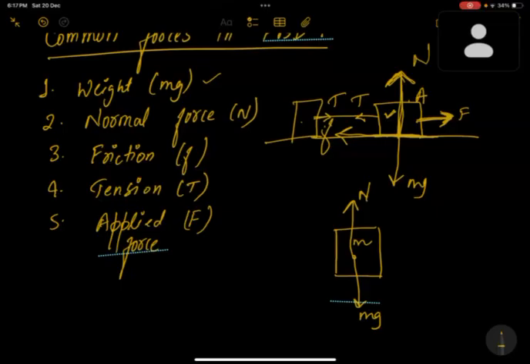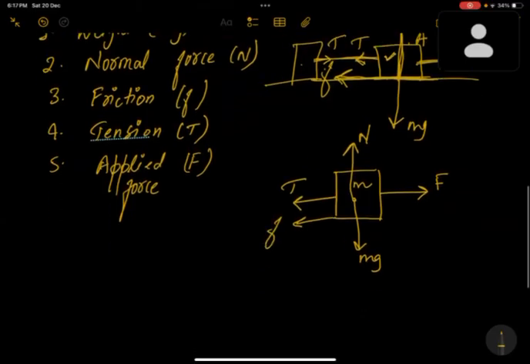I am saying that there is a force acting this side on it. And third, it is attached to this string, so tension is there in the left direction. Fifth is the friction. This is a rough surface, so there is a friction force opposite to the direction of motion.